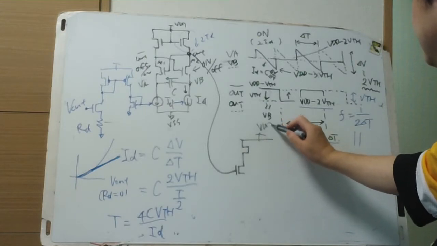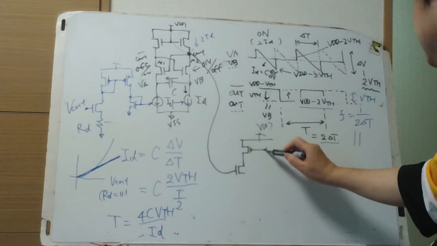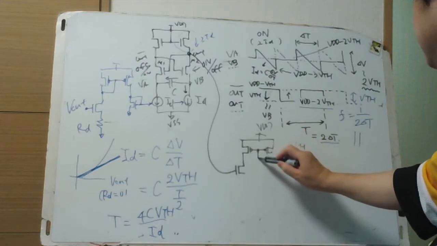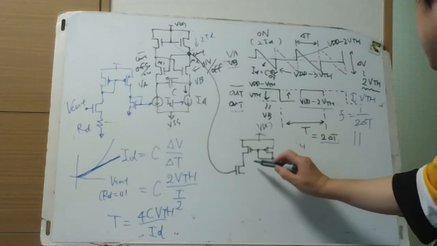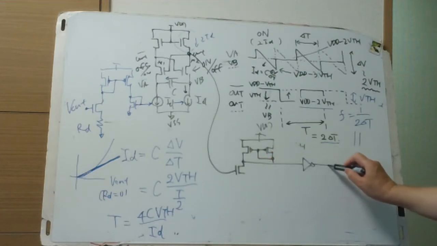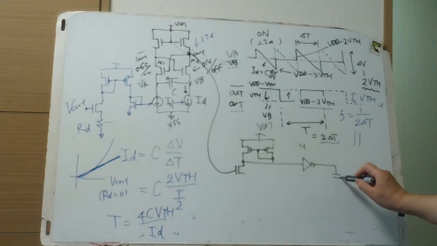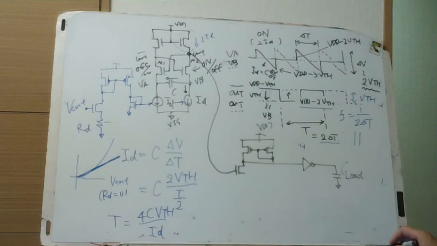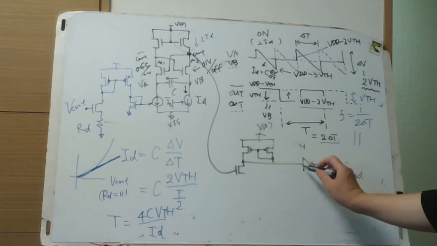The output is connected to VDD through a P channel, diode connected, and this output goes to a buffer inverter, which is enabled to drive the load capacitance.